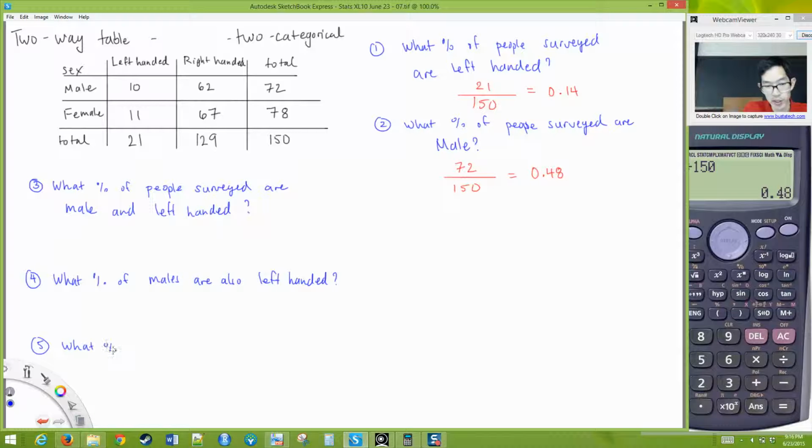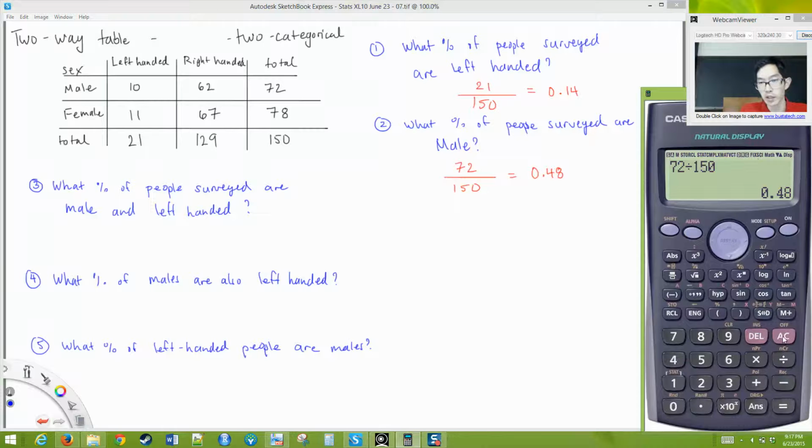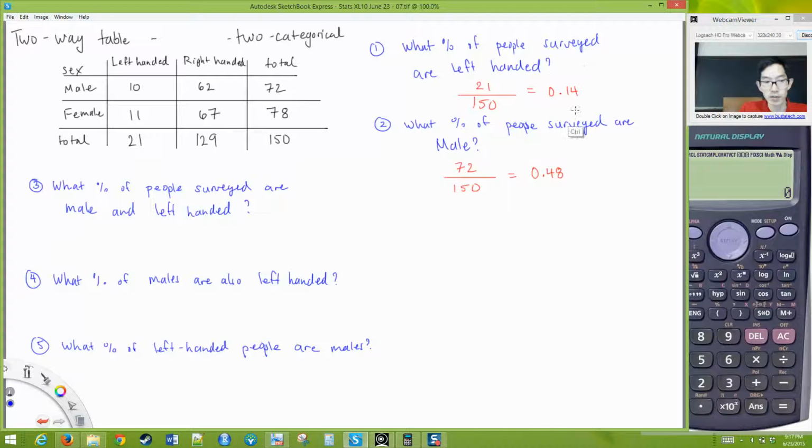What percentage of left-handed people are males? Okay, so go ahead and take a minute to solve those. The answers for all three are different. Even though they sound similar, they are different questions and they all have different answers.